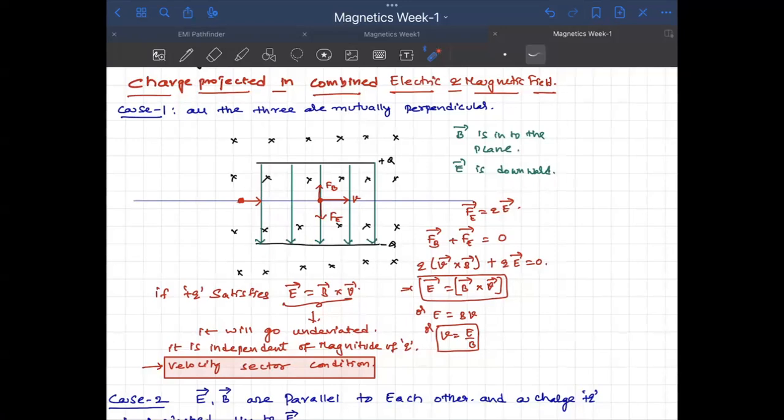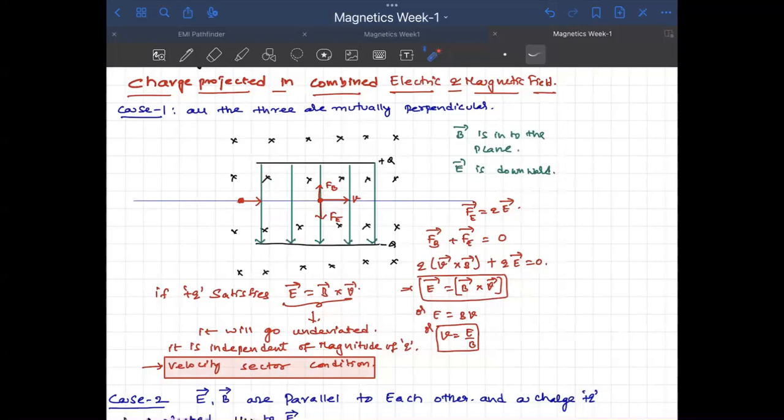Now, along this line, I have projected a charge. Suppose the charge enters here, and imagine that its velocity is in that direction only. Apply Fleming's left-hand rule. Stretch your left hand, first three fingers mutually perpendicular to each other. Set the pointing finger into the plane of the paper. Set the central finger rightwards.